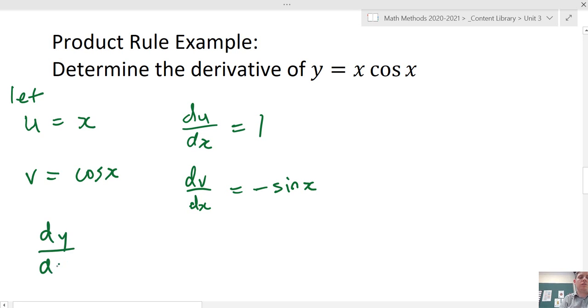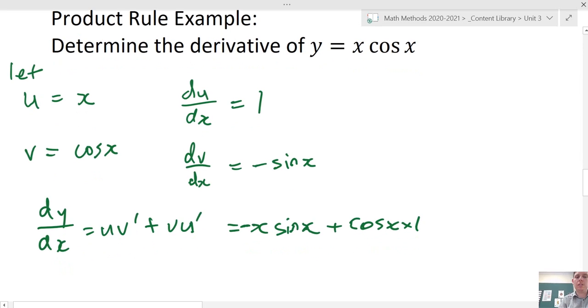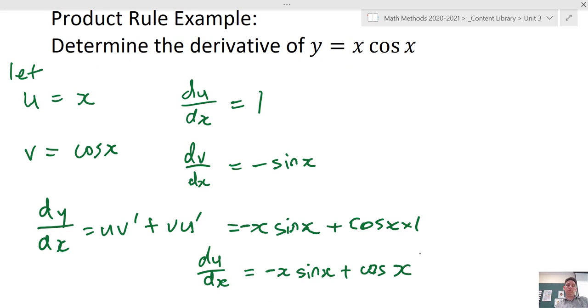Use the rule: u v dash minus v u dash. x times negative sine. Oh, that's meant to be a plus. And then it's cos times 1. So dy/dx is negative.